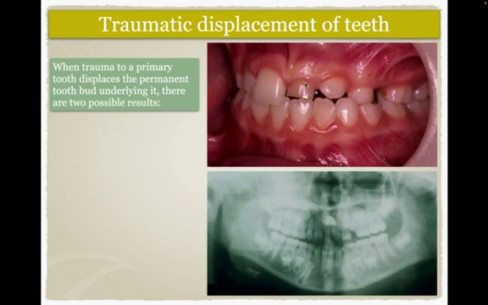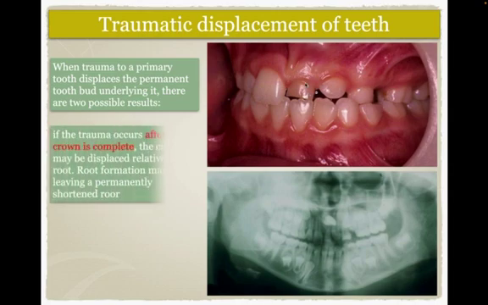But what is the effect on the permanent tooth? The effect on the permanent tooth depends on the stage of the crown formation. If the crown has completely formed and the root is not yet completely formed, this intrusion trauma might result in a stopping of the development of the root. So basically, the crown is developed completely, but the root is not yet.